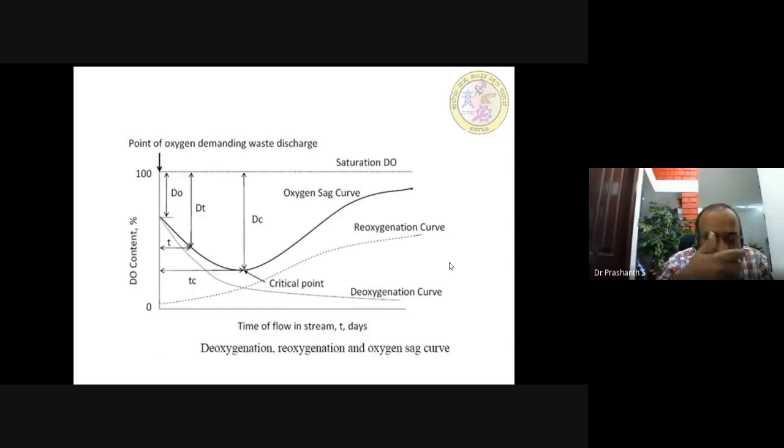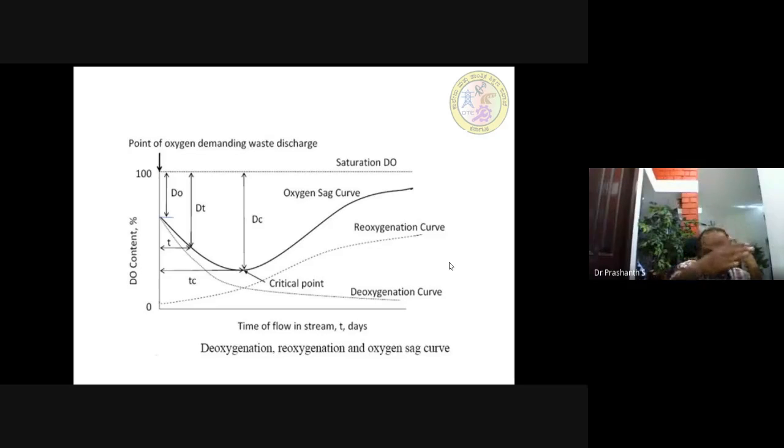So the DO level starts coming down. The dissolved oxygen present at the initial point is going down. That means the deficit, the difference, is increasing. At any point T on the curve, the oxygen deficit is represented by Dt.